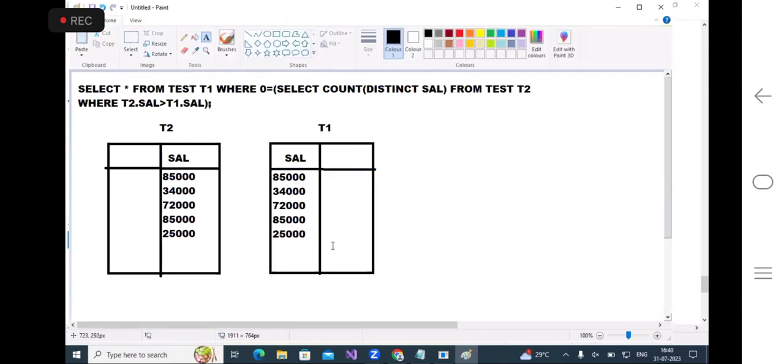Which function am I using here? Count, with the column name salary. This function counts how many salaries there are. And the 1 equal, that means how did the zero come?